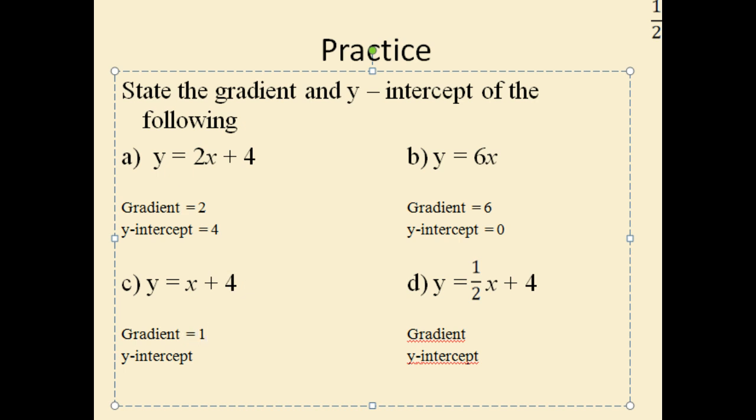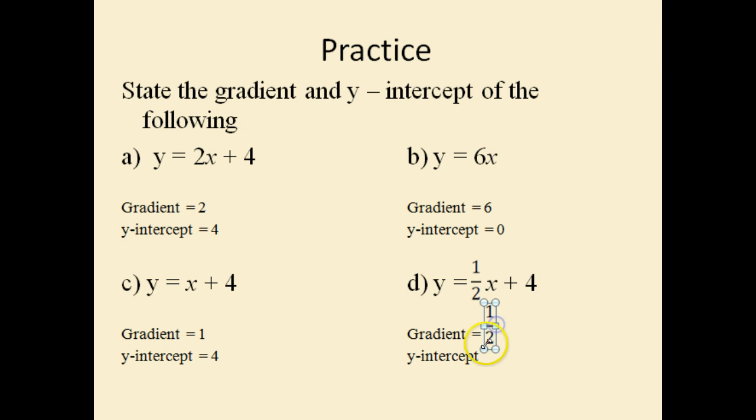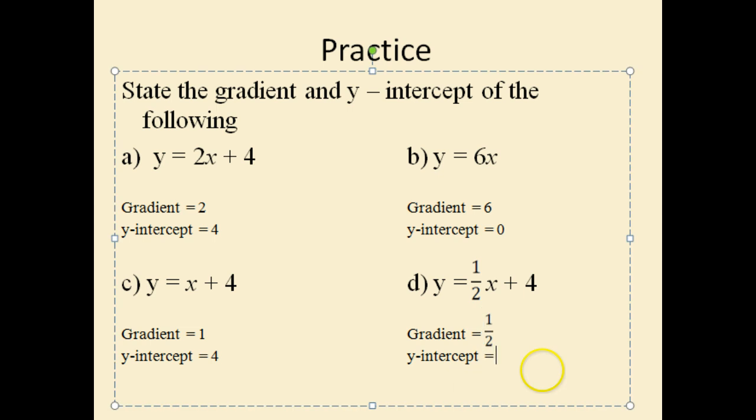If we have one of the x, then we just say x, so the gradient in C must be 1. And the y-intercept in this one is 4, so the line cuts through at 4. In this last one here, the gradient must be a half. And the y-intercept again is 4.